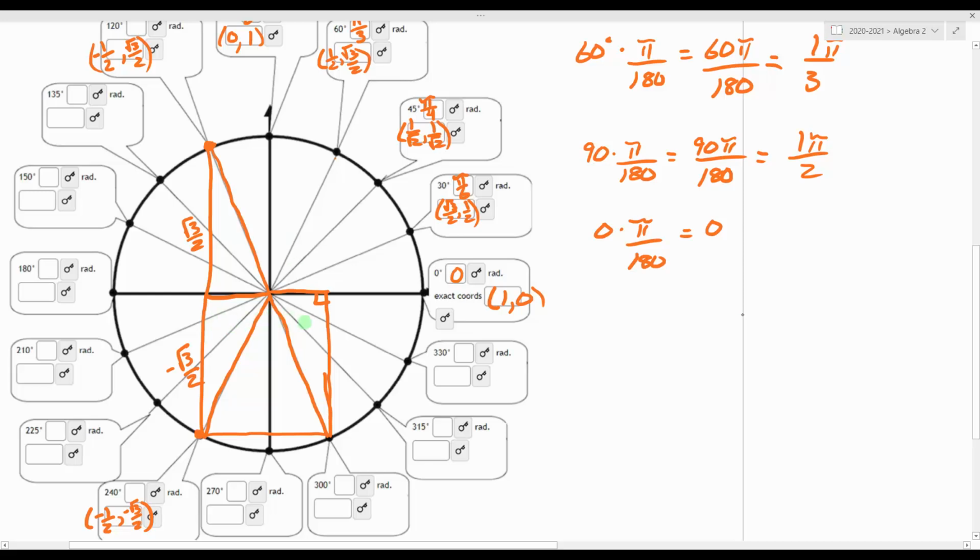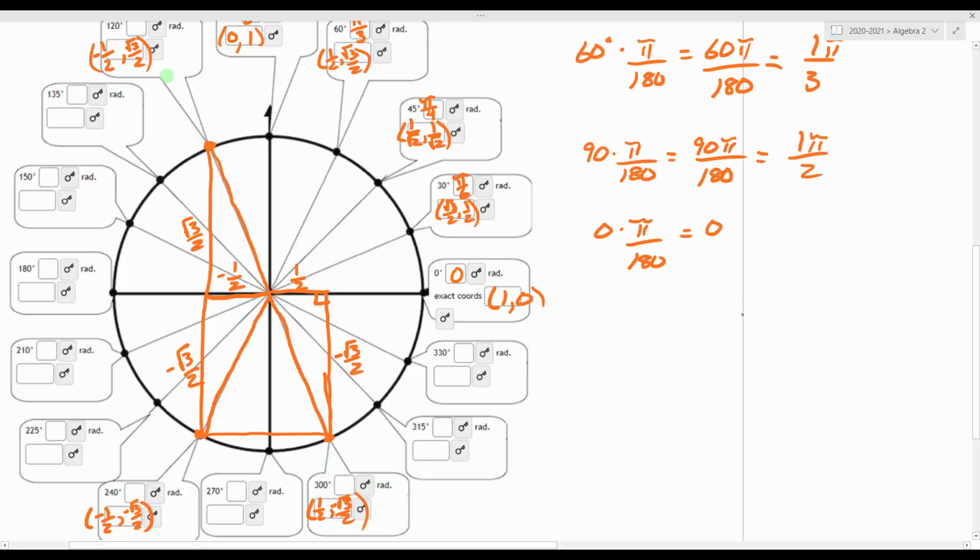They're the same triangle, it's just this one has been reflected over here, over the y-axis, and that means that this is also going to have a negative root 3 over 2. And remember that this side was 1/2, which means this side will also be 1/2. But since this 1/2 goes to the right, it'll be positive, whereas this one went to the left, so this one is negative. Okay, so for this point over here at 300 degrees, this is going to have a positive 1/2 and a negative root 3 over 2.